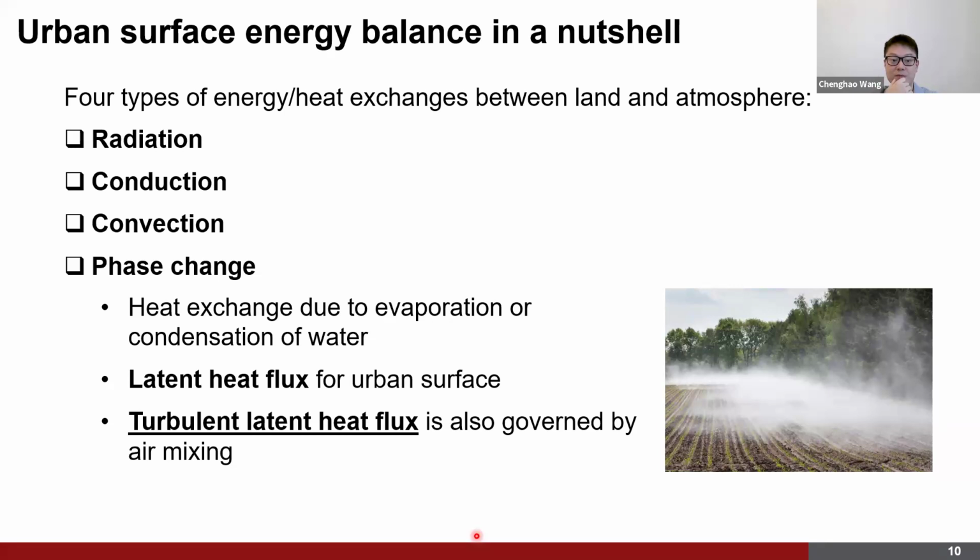This phase change related energy is called latent heat flux, sometimes turbulent latent heat flux, and it is also governed by air mixing. One particular characteristic of latent heat flux is that during phase change, the temperature of the solid, or a mixture of solid and liquid, or a mixture of liquid and gas, will not change, but we are either consuming or absorbing energy. So there is energy embedded within this phase change process.